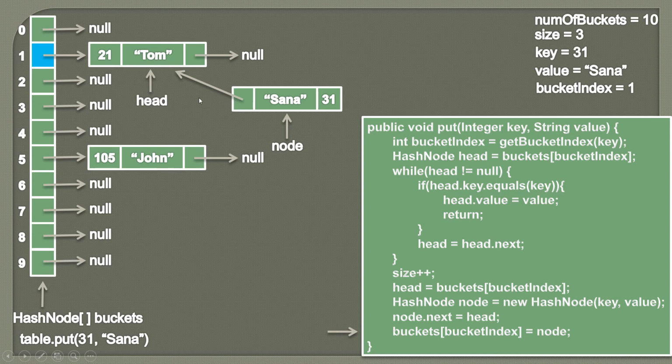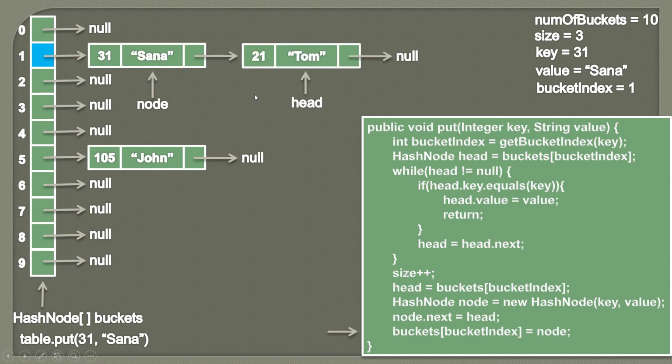This link will go away and there will be a link from this index to the hash node which we want to insert. So if we rearrange this structure, the node which we want to insert is at the beginning of this list, just before our old head.